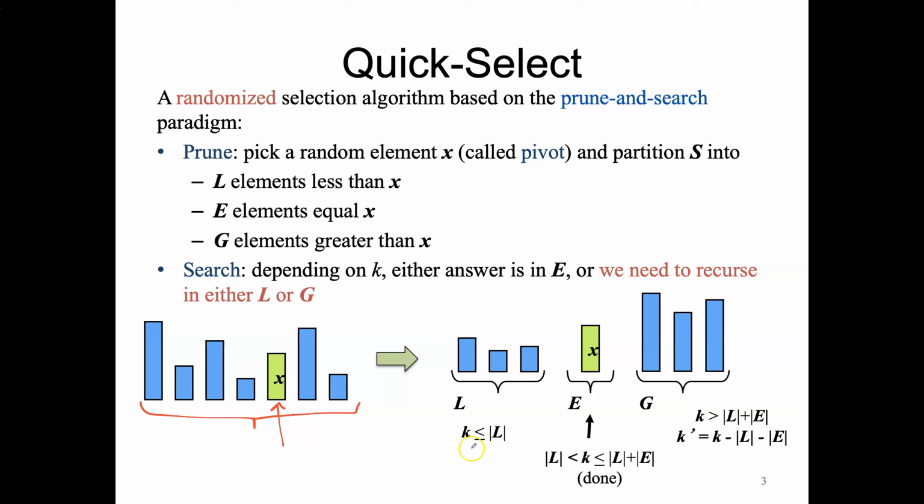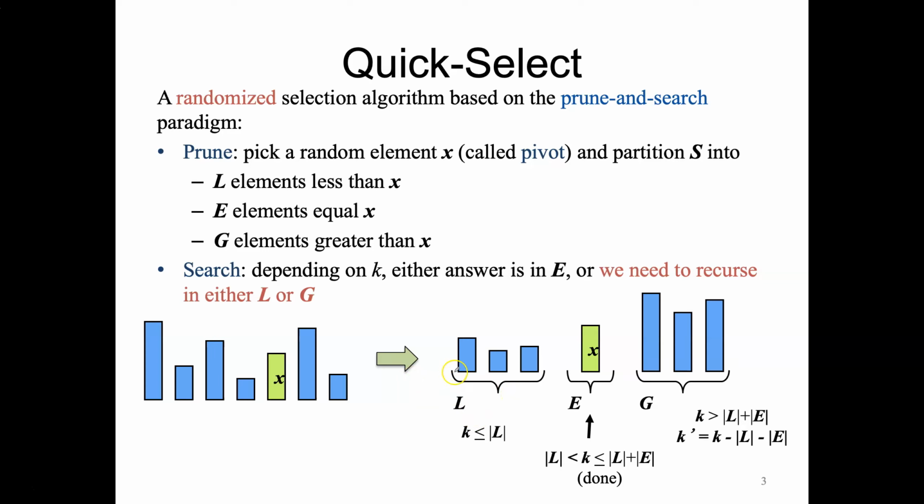K, what we're given, is less than or equal to however many items we have in L, let's say we have exactly this many items. This is the cardinality of this sequence, the size of this sequence, these vertical lines here.